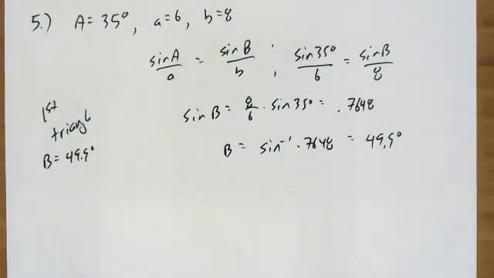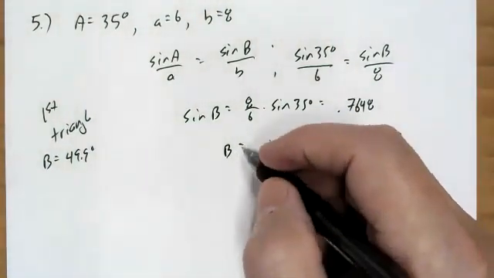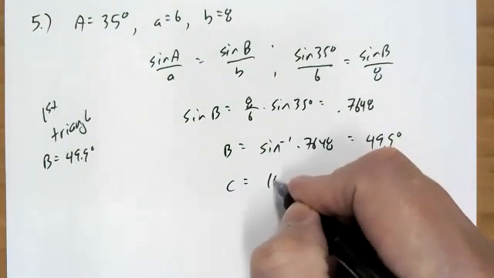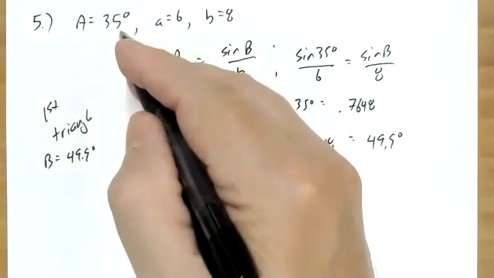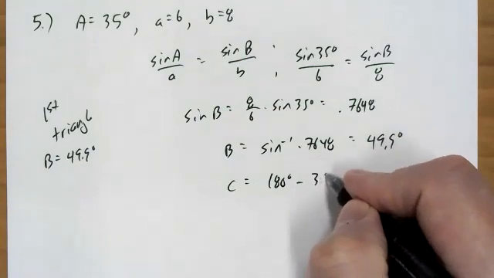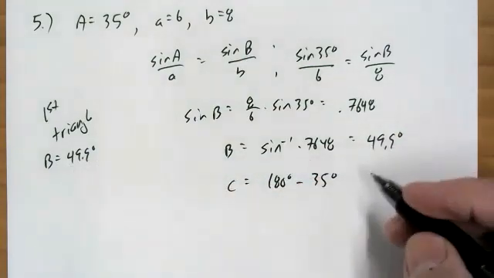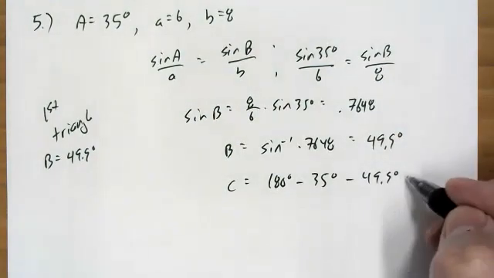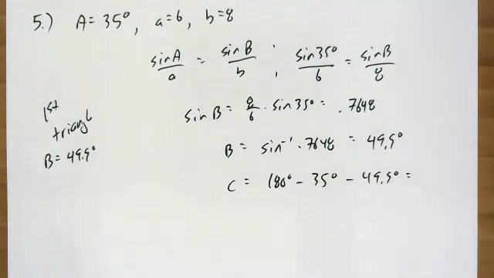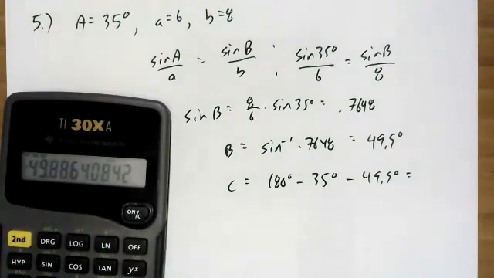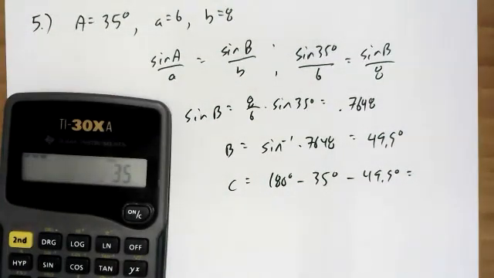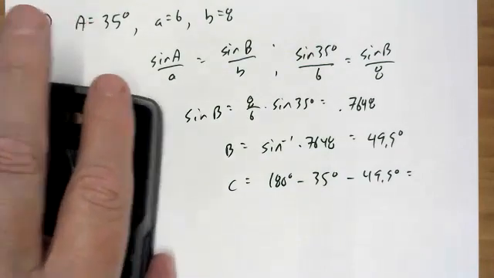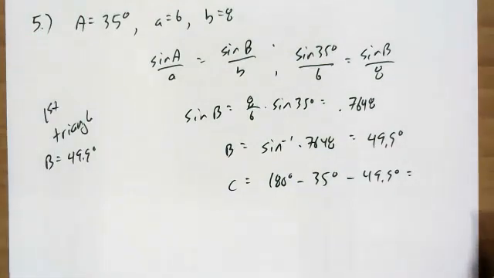Angle B is 49.9 degrees. Now I can get angle C by taking 180 degrees, subtract angle A, and subtract angle B. So this is 95.1 degrees.